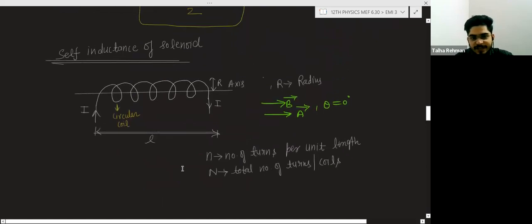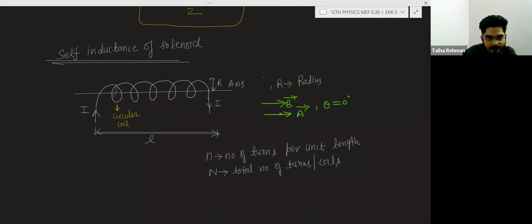Now, self inductance of a solenoid. This is a solenoid having a current I, and I have told you this also. The magnetic field due to this solenoid will be in the axial direction, and this magnetic field will make an angle of 0 degrees with the area vector.